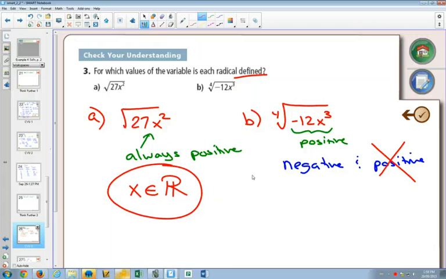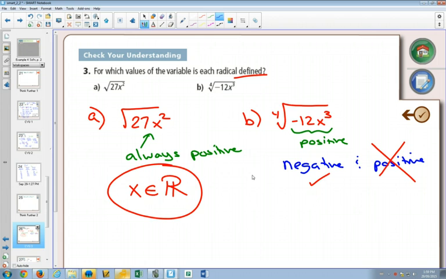All positive numbers will be undefined. But when I check a negative number like negative 1, a negative number cubed is still negative, and when I multiply that by negative 12, I get a positive number. So all negative numbers are good.